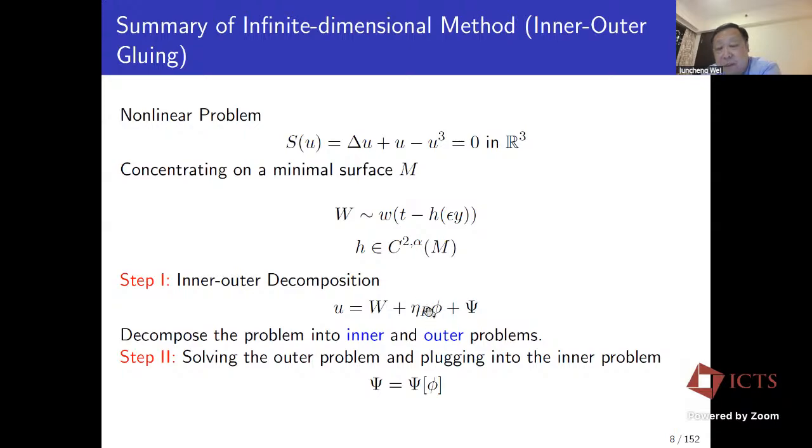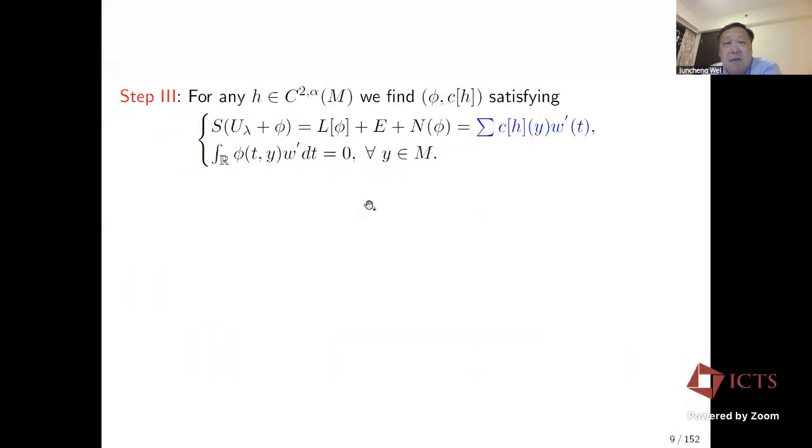So we decompose the problem into two problems, one inner and one outer. We solve the outer problem and plug it into the inner problem. Then we solve the inner problem, a non-local linear problem, by infinite dimensional reduction.